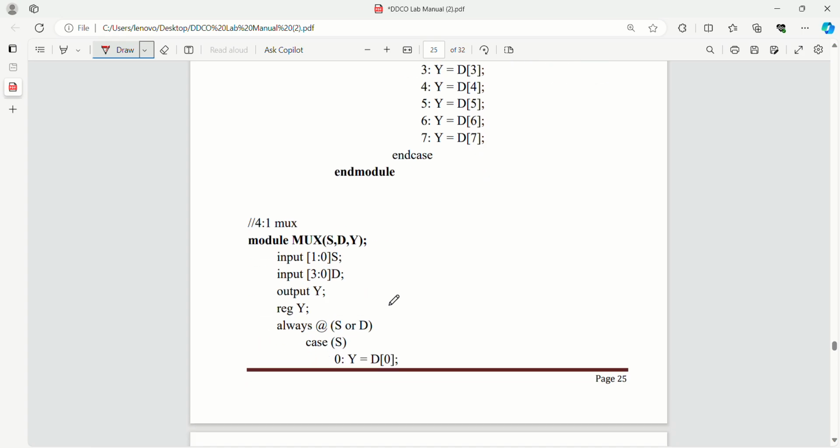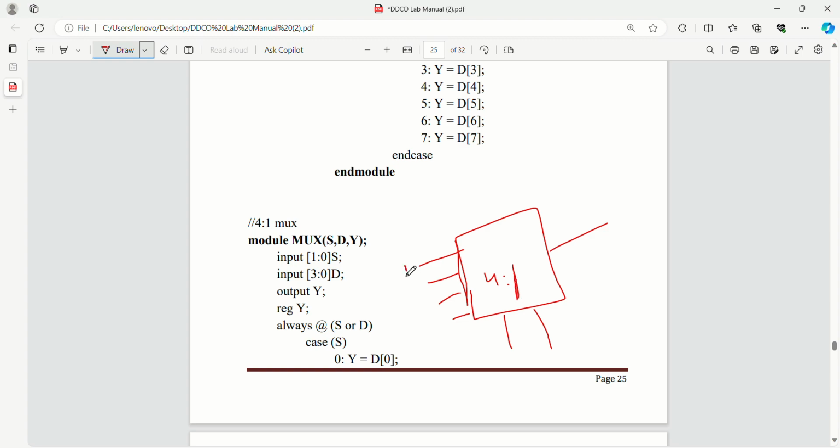Next is the 4 to 1 multiplexer. Here 4 inputs, 1 output, 2 select lines.